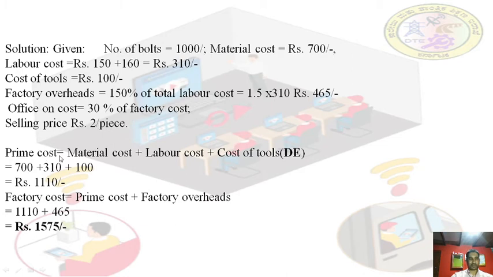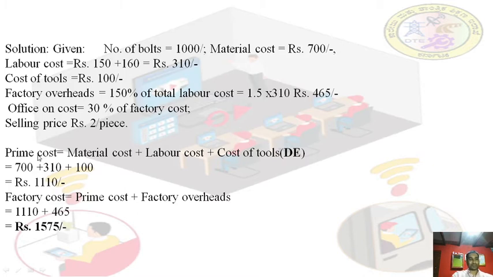So the prime cost is given by material cost, labor cost, and direct expenses. The cost of tool is given, so you have to take this 100 rupees as a direct expense because it is particularly charged for this product only. We cannot use this tool for other operations, so we have to take it as a direct expense.